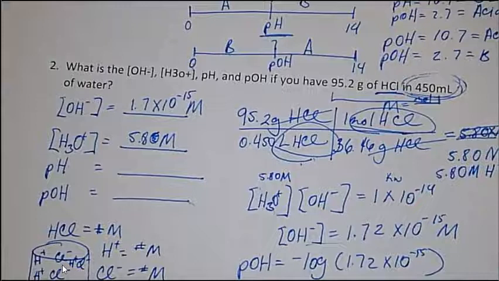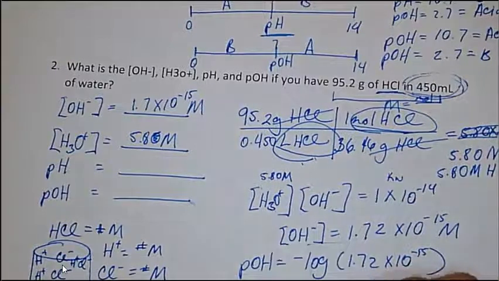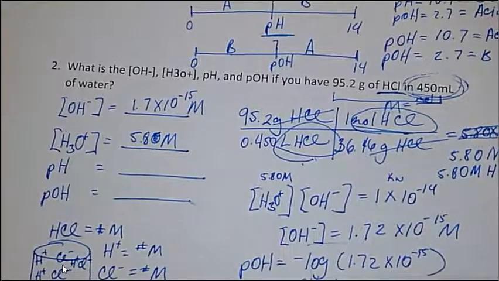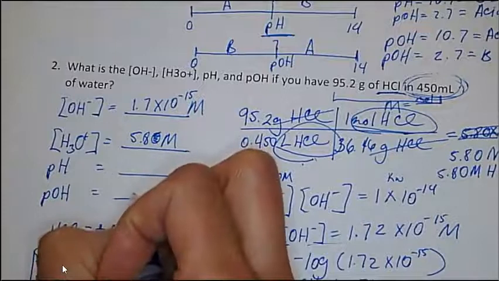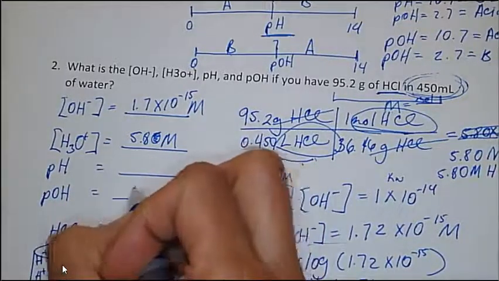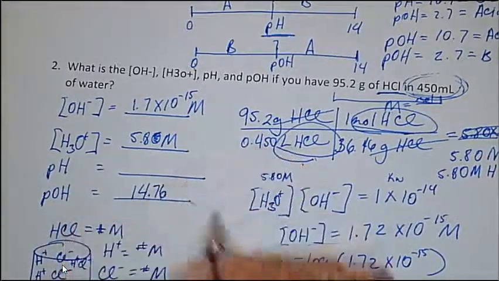So I've got here negative log of 1.72, and I get my pOH in this case is 14.76.